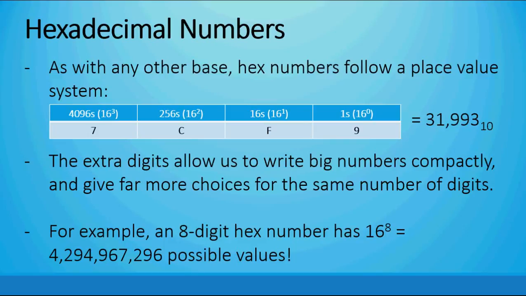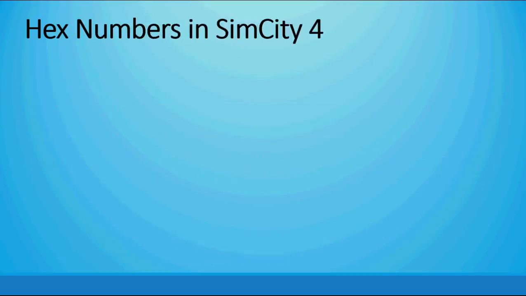That is the big advantage of hexadecimal. Not only does it give us a binary coding that is efficient and doesn't waste numbers, it gives us a much bigger range of possible values. Much more choice. And that is a huge advantage when we come to things like SimCity 4.